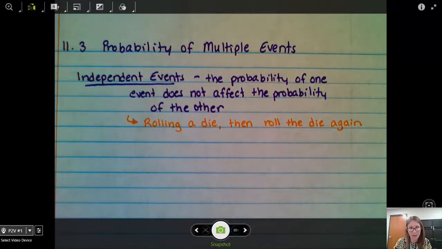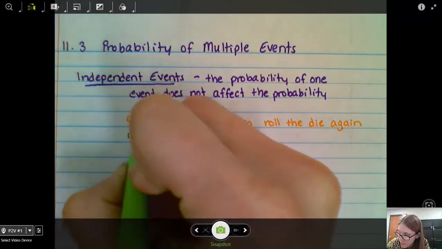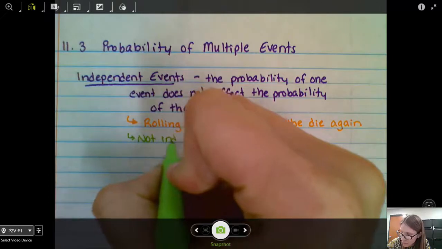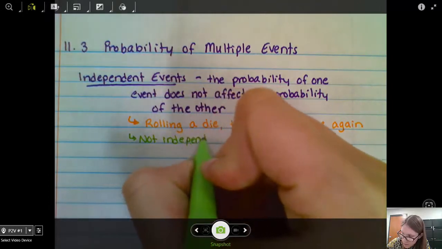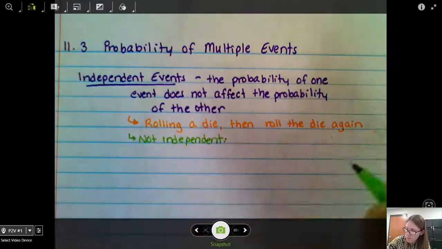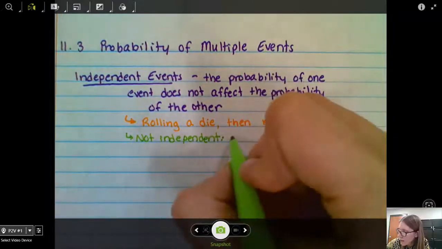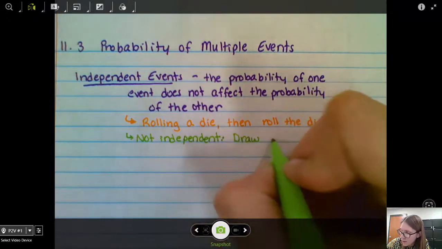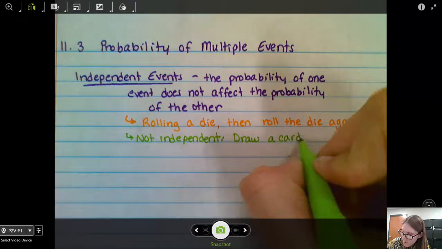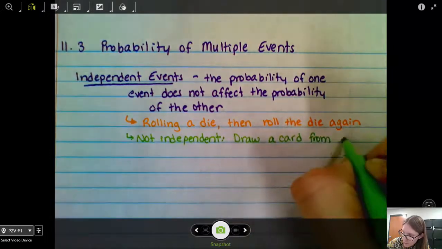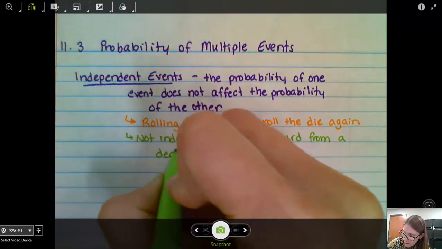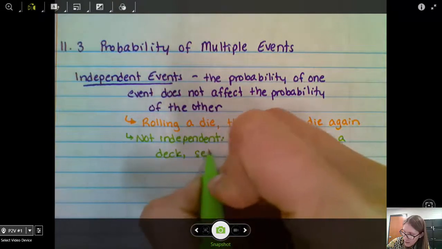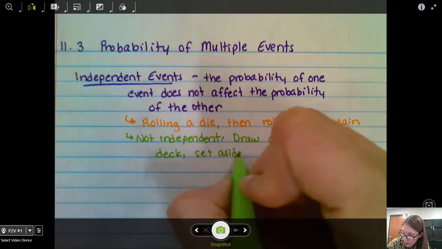An example of events that would not be independent is if you draw a card from a deck, set it aside, and then you draw another card.